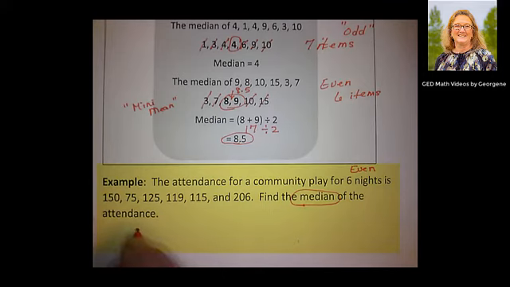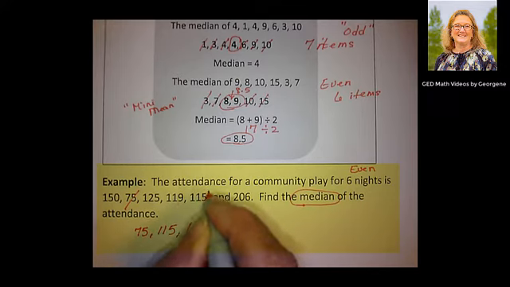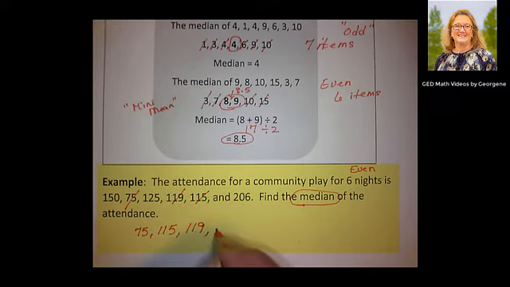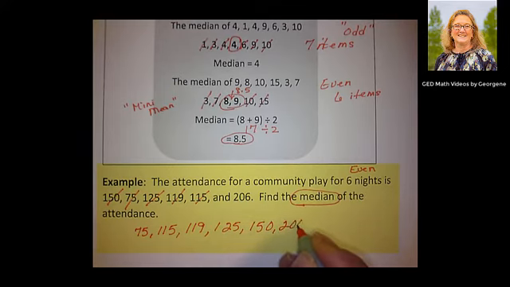So we'll start with 75, and then we've got 115 and 119 and 125 and 150 and 206. Okay, so we've got 6 nights, we've got 6 numbers.